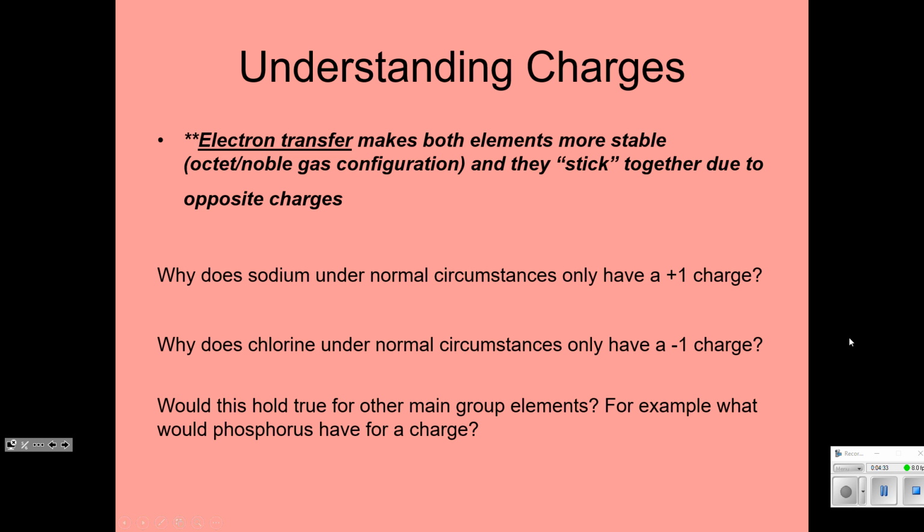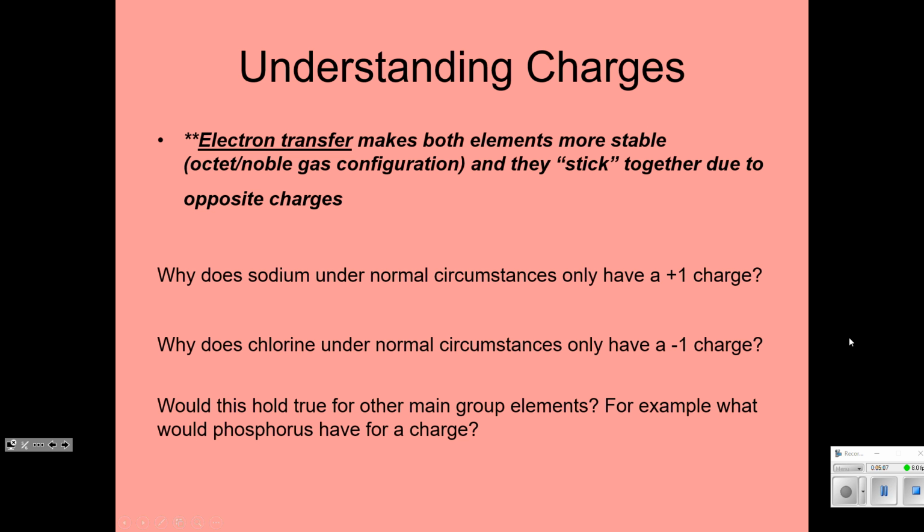When you have a full outer shell of electrons, thinking back to orbital notation, I think is the best way to demonstrate this, you are stable. Remember last time in the notes I mentioned for families, alkali metals don't exist on their own in nature. So you never find pure potassium on its own, because it's more stable when it loses one electron.